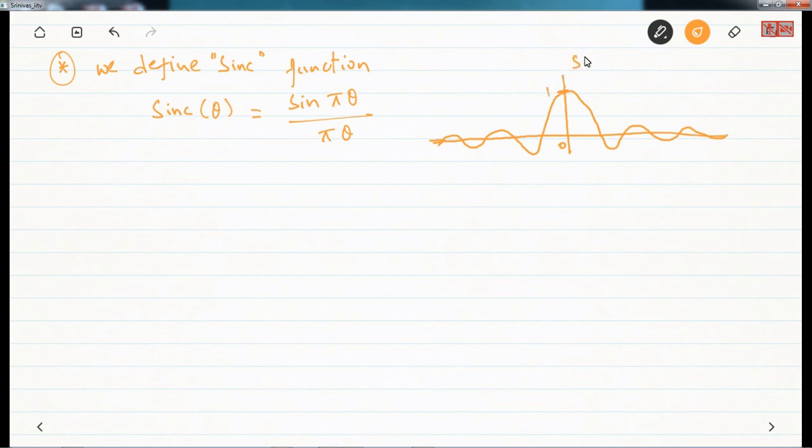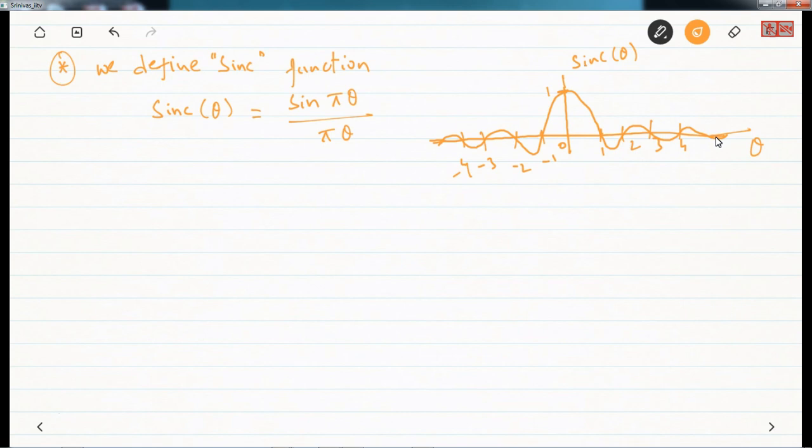So this is sinc theta, with the independent variable theta, and these are the values 1, 2, 3, 4, and so on, and minus 1, minus 2, minus 4, and so on.